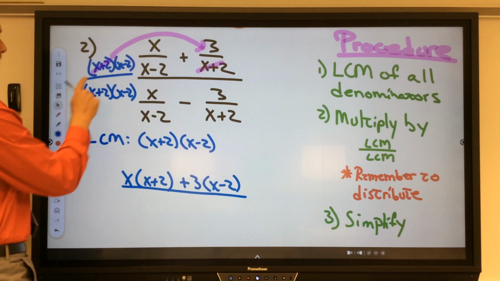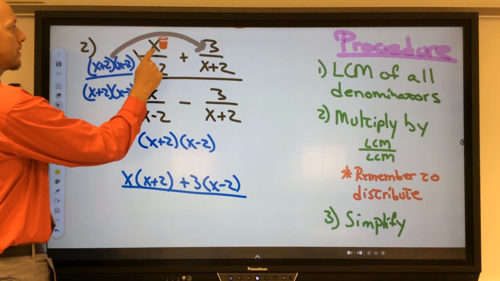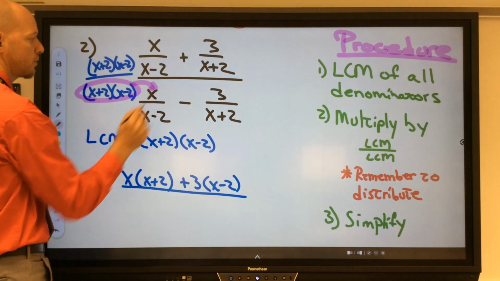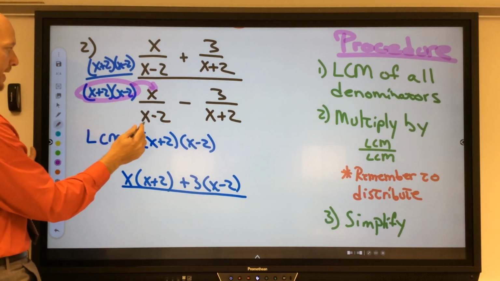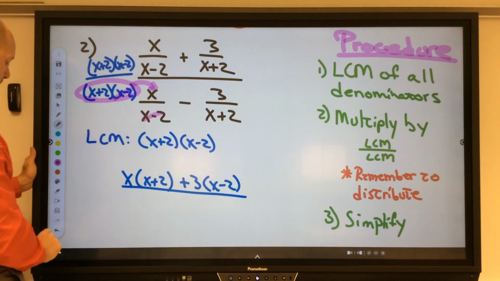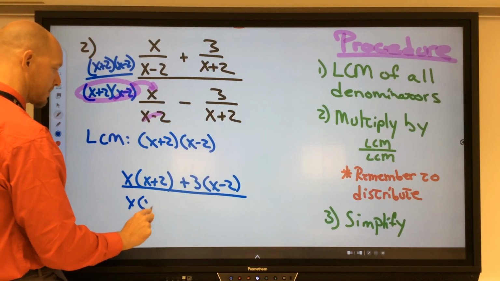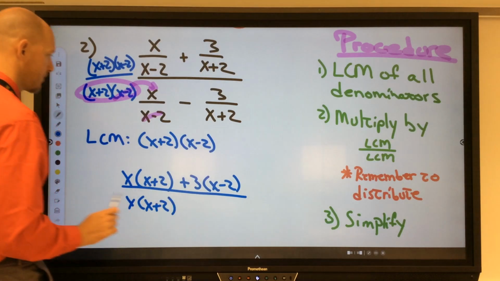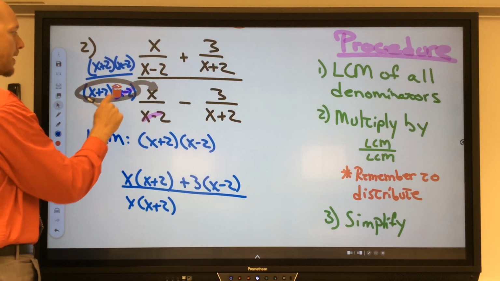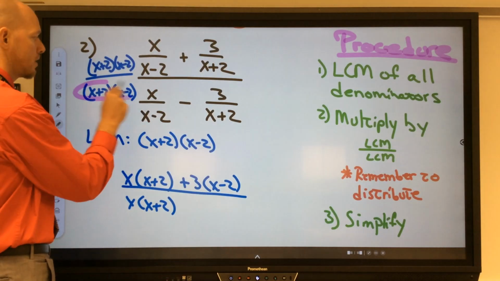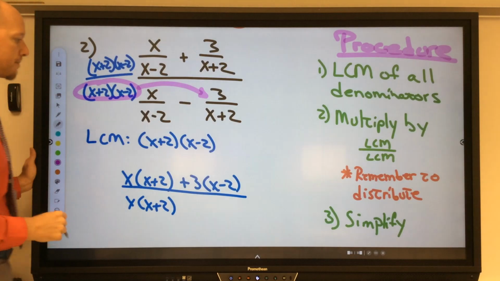All right, let's do the same thing now down in the denominator. I'm going to multiply it to our first fraction, and again I see the x minus 2's reduce, so that's going to leave me with x times x plus 2. And finally, multiply this to the second fraction.